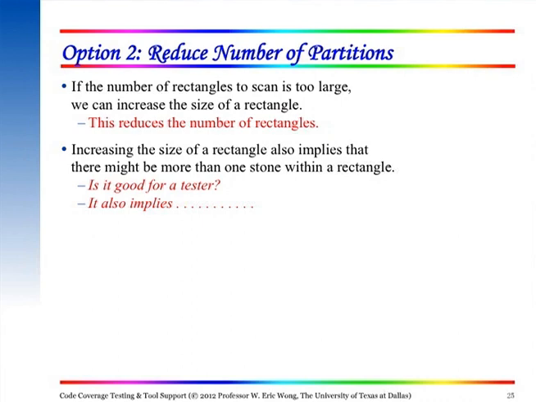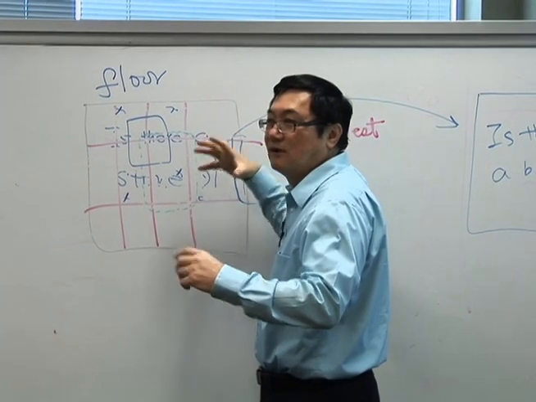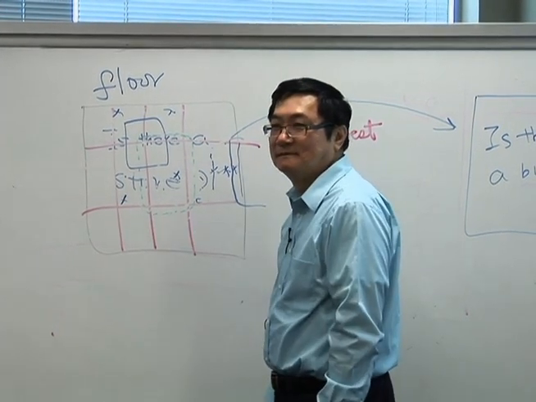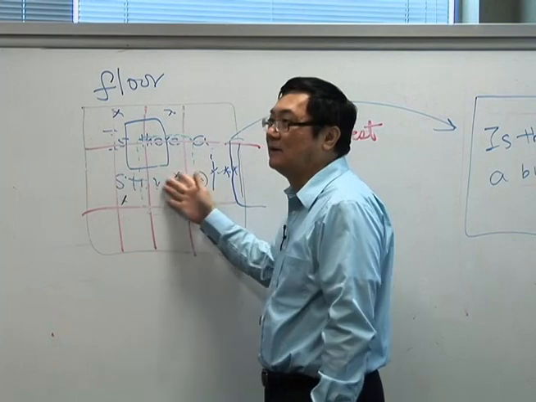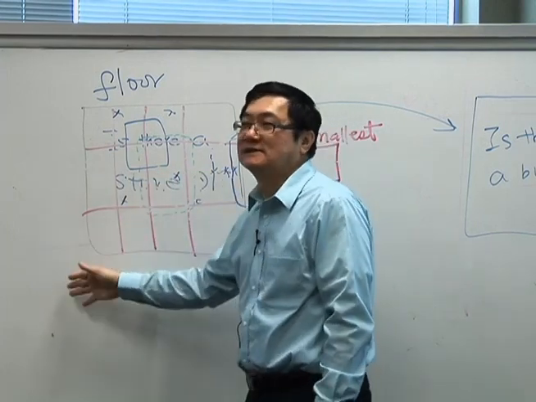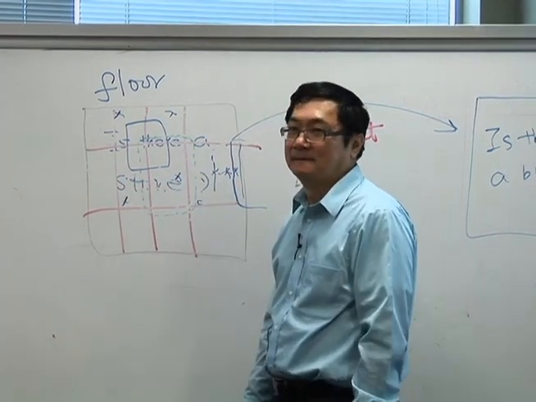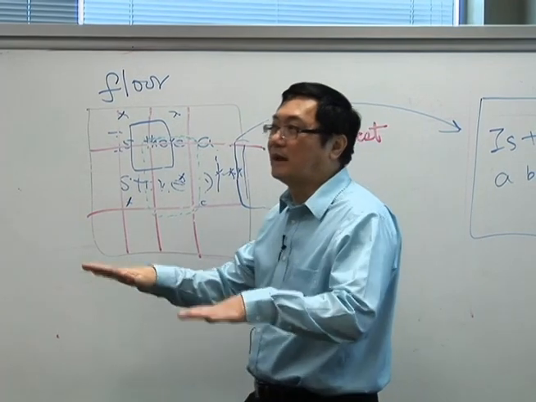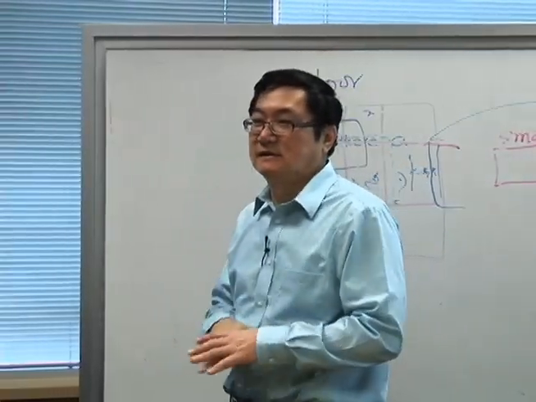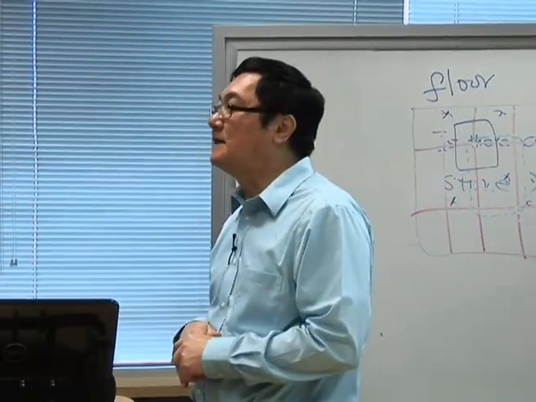We are no longer using the half size. We are going to enlarge the size of each cell. So I don't have this many. I only have half of the cells to be examined. So I require less resources. This can be done within the time constraint.